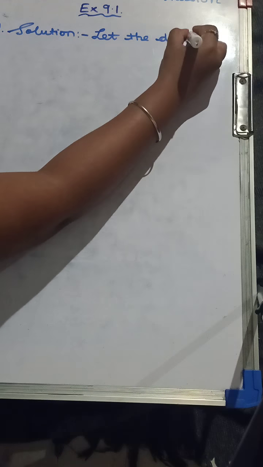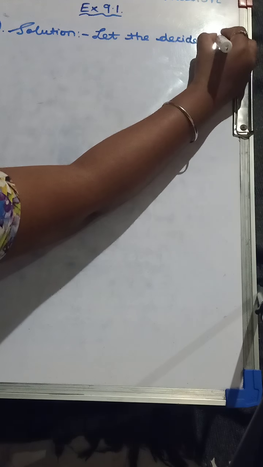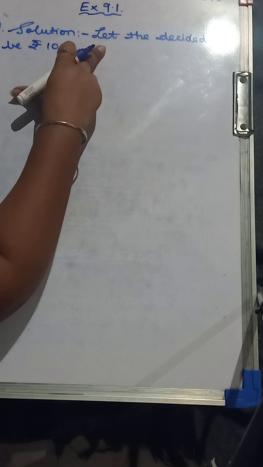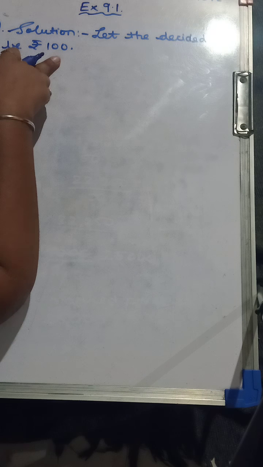The tag that the shopkeeper has put there, we don't know that. So we are going to assume it, by saying let the decided price be rupees 100. Actual price of that item is rupees 100.